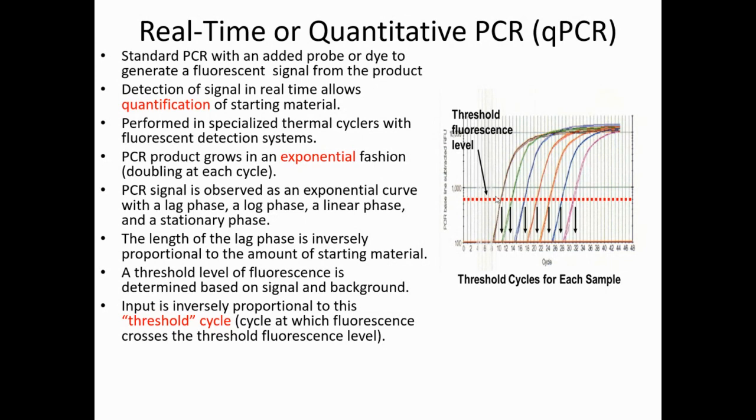When you have a very high concentration, you only need a very small number of cycles to amplify your target to reach the point where the fluorescent signal is above the background, right?